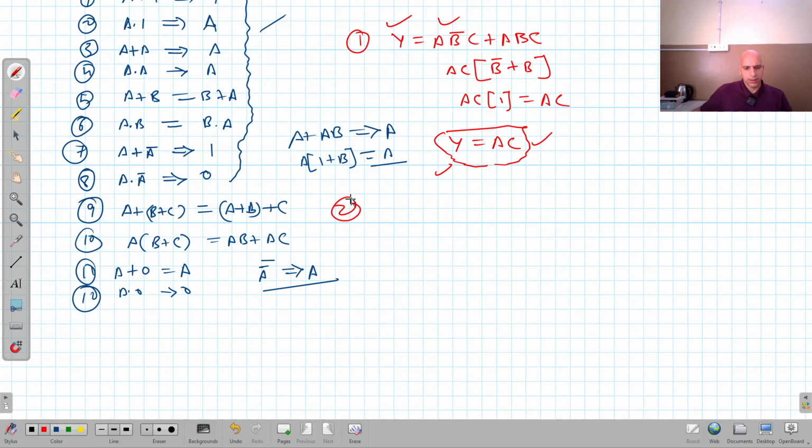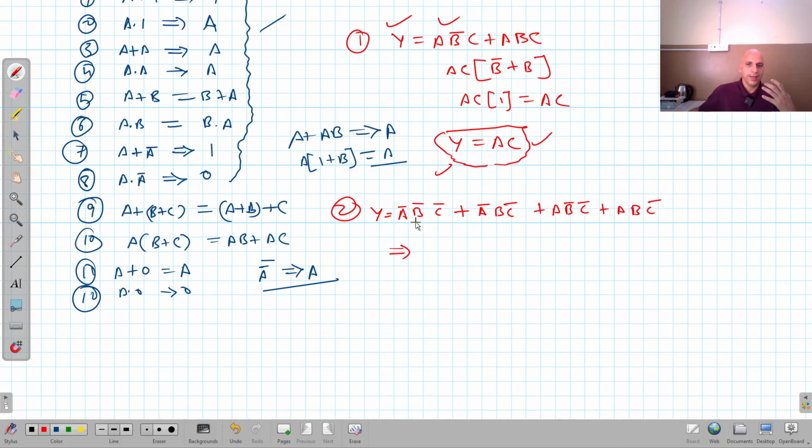You have an equation Y is equal to A bar B bar C bar plus A bar B C bar plus A B bar C bar, where bar means not, plus A B C bar. Now if you look at this equation, you will find that this is a complex equation.